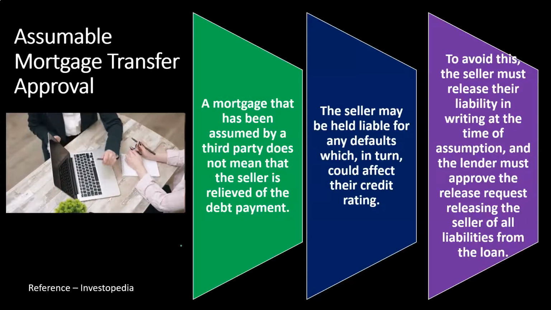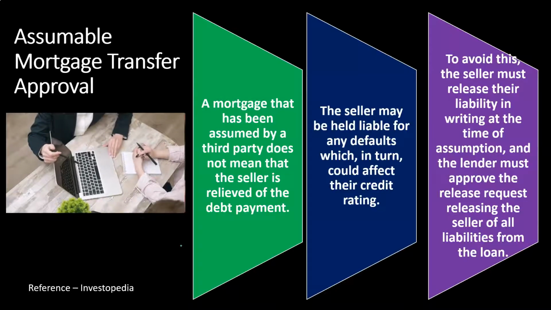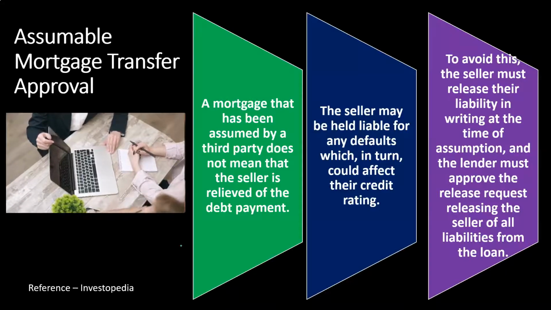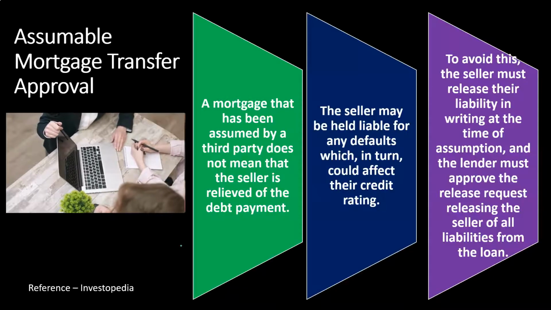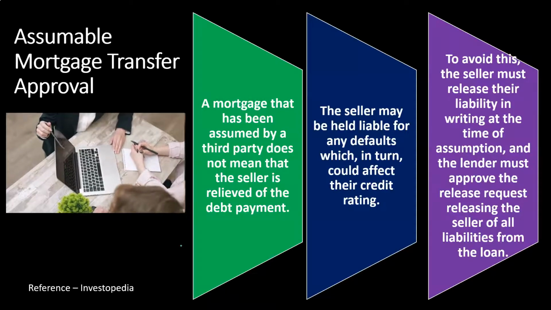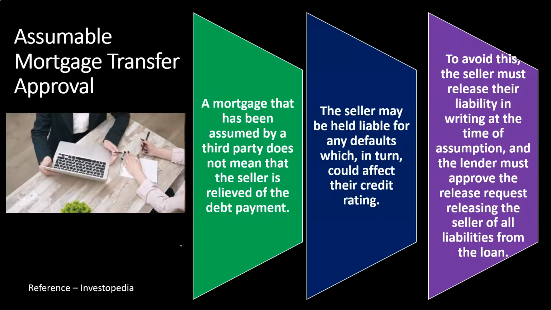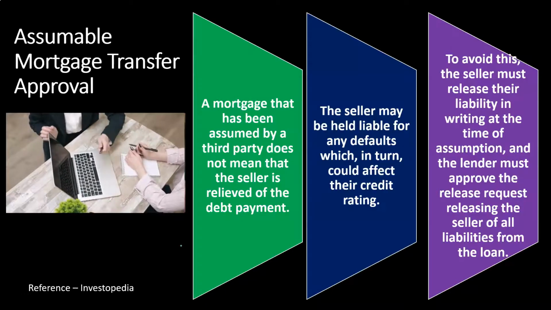If you're doing an assumable mortgage, you want to make sure that you have it straight as to whether or not you're still on the hook in the event that there's a default or non-payment by the buyer, and so on and so forth. To avoid this, the seller must release their liability in writing at the time of assumption, and the lender must approve the release request, releasing the seller of all liabilities from the loan. So obviously, that's a key point to keep in mind.